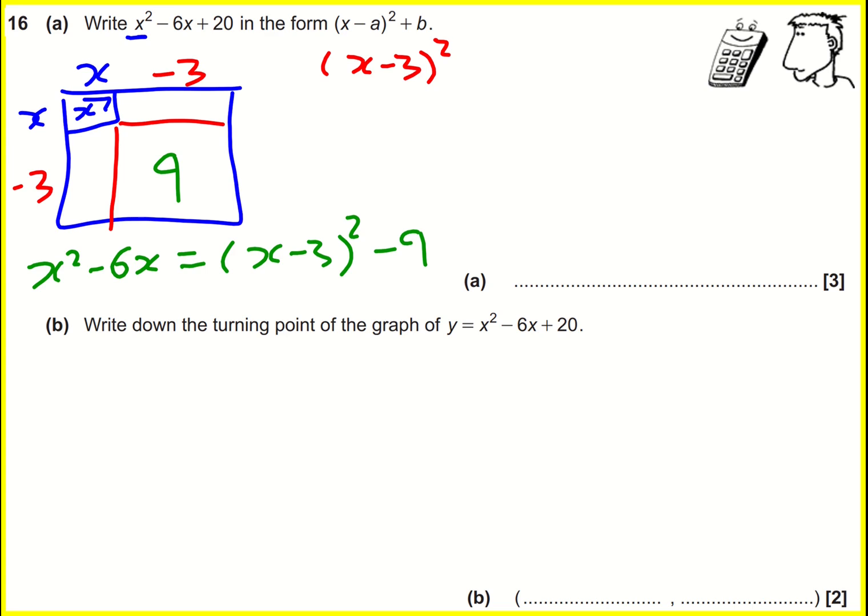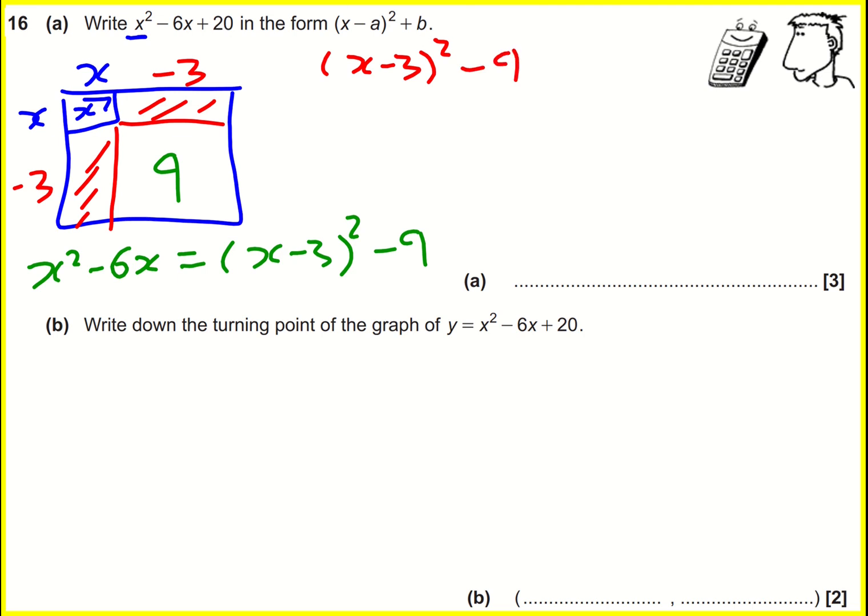And that's how it works, basically. When we don't have a number in front of the x squared, you divide this number by 2. And this is why, because you get part of it from here and part of it from here. But then you need to minus the thing that you've halved squared. So it's going to be minus 9.